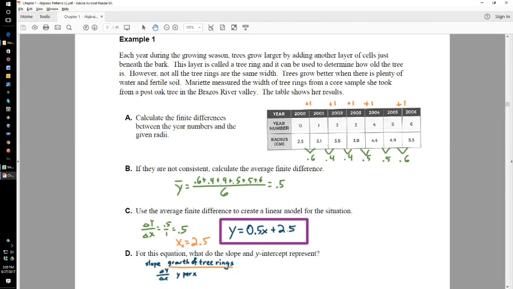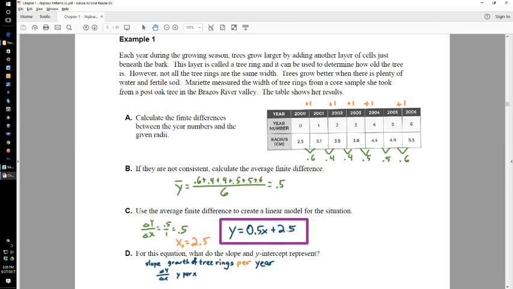It's the growth of the tree rings, the radius, per year, because that's what x measures. It is whatever y is measuring, which is growth of the tree ring, or you can say the radius of the tree ring, however you want to use that, per year. Okay, so that's the slope.